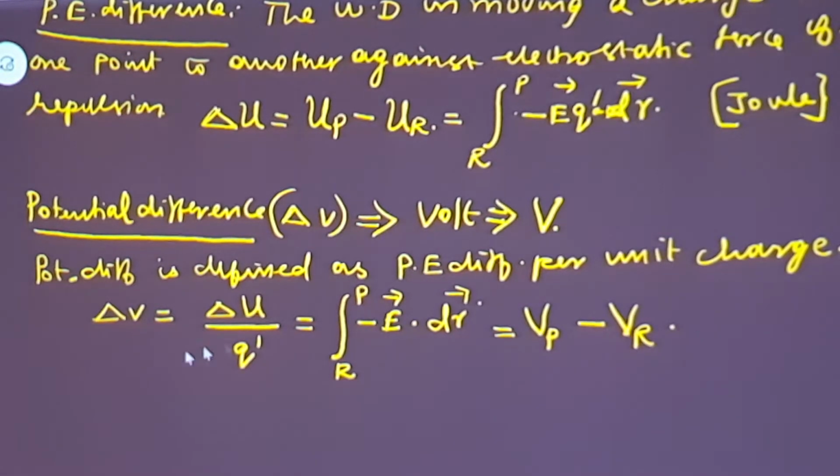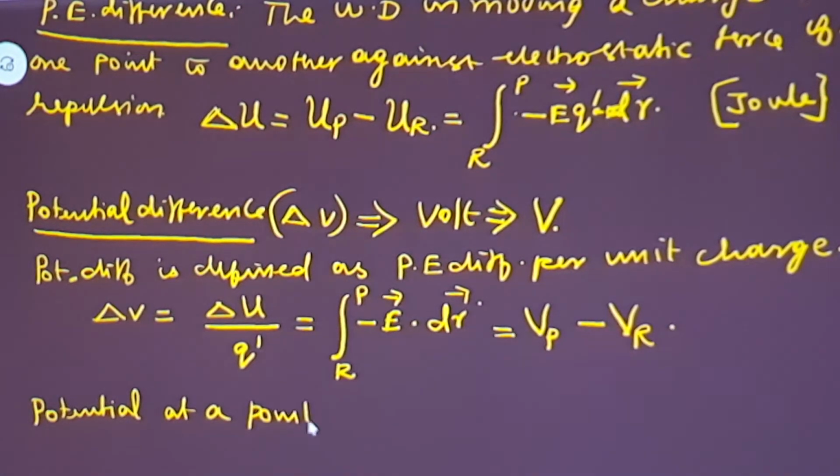Definition for potential difference. Then the next one, we are going to get the definition for the potential at a point. What do you mean by the potential at a point? Potential at a point is represented as V. If the point is P, then this V can be written as Vp.